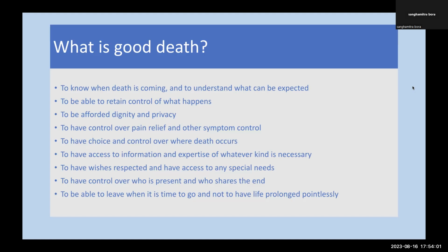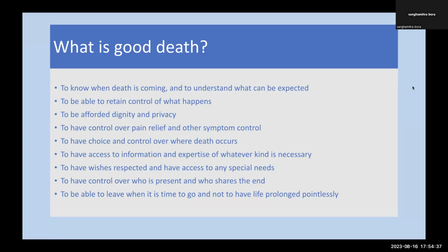To be able to retain control of what is happening, to be afforded dignity and privacy, control over pain relief and other symptoms, the choice and control over where death is occurring, to also have access to information and expertise of whatever kind is necessary, the wishes of the patient to be respected, and have access to any special kind of needs that the patient has, to have control over who is present and who shares the end.